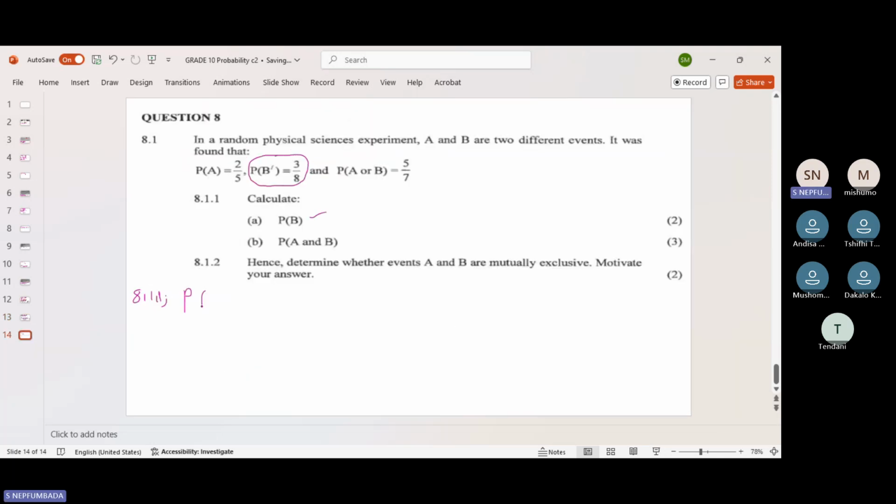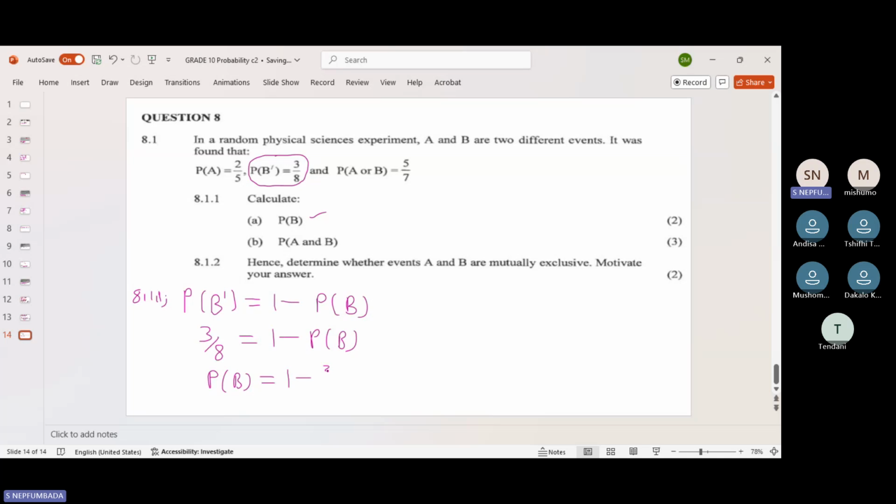The probability of not B must be equal to 1 minus the probability of B. And we're given the probability of not B, so we substitute: 3 over 8 is equal to 1 minus the probability of B. We solve for the probability of B. We take the probability of B to that side and the 3 over 8 to the other side.